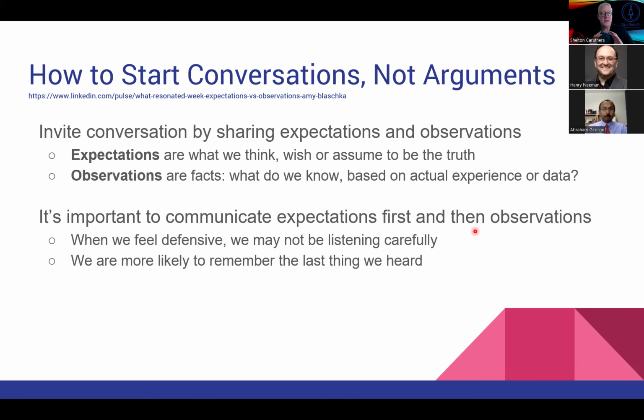But if we communicate the expectations first, especially if they're well-communicated expectations from the onset, we can say, this is what we expected, and then follow with the observation, which either supports or doesn't support that expectation. So it's important to communicate the expectations first.